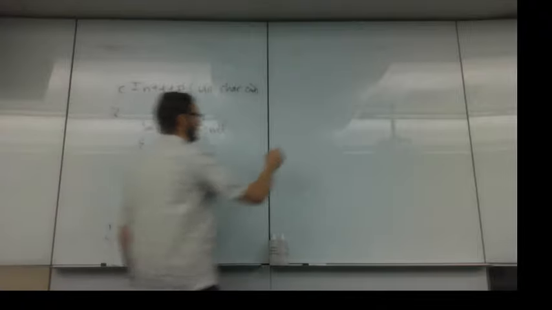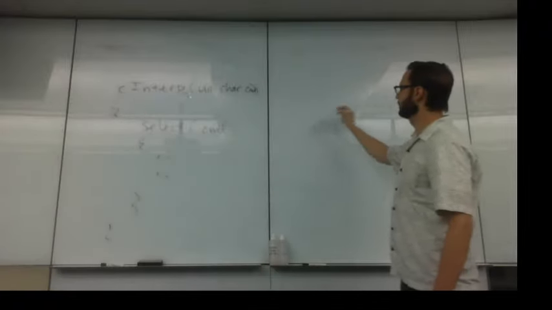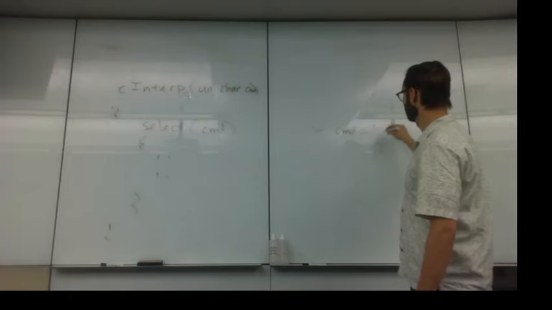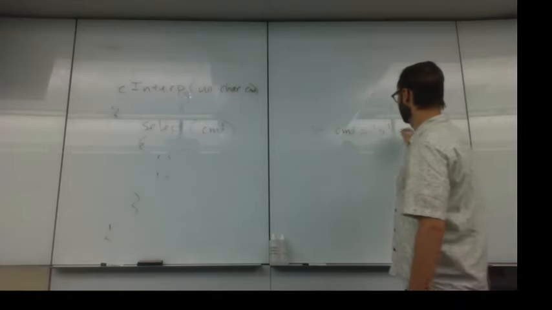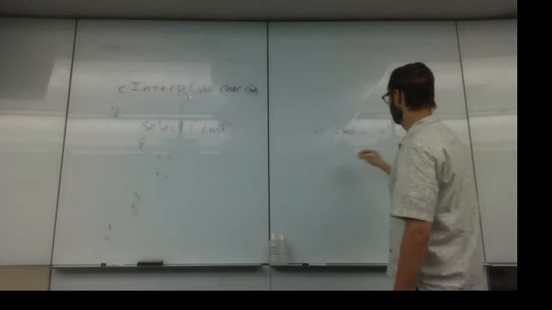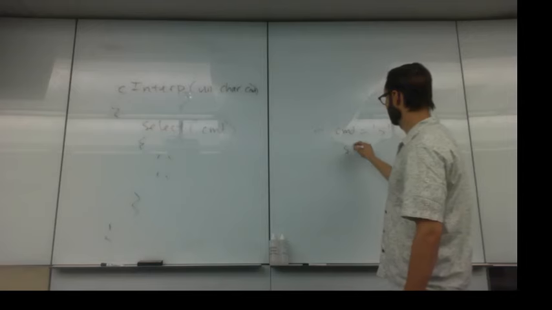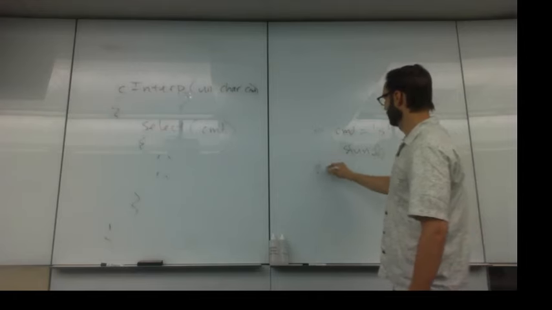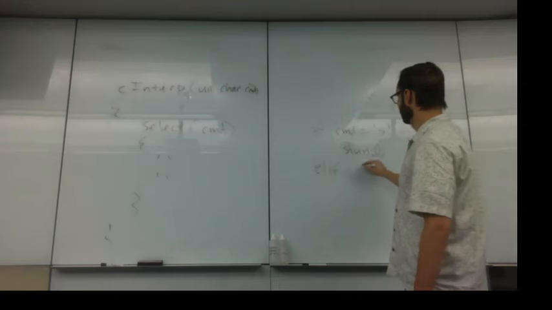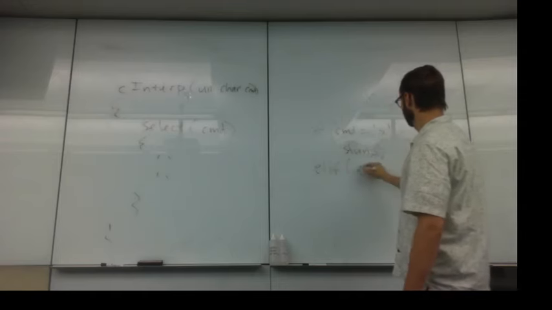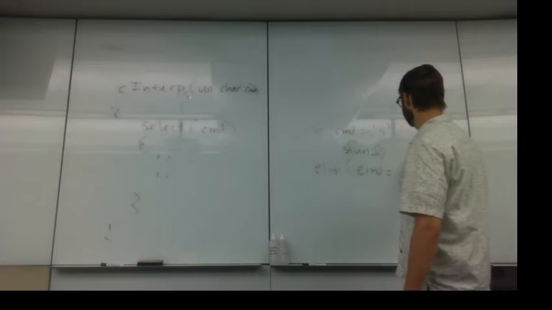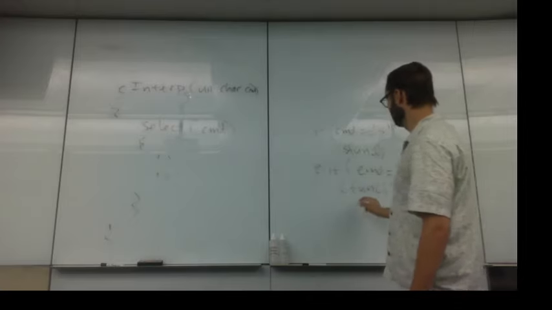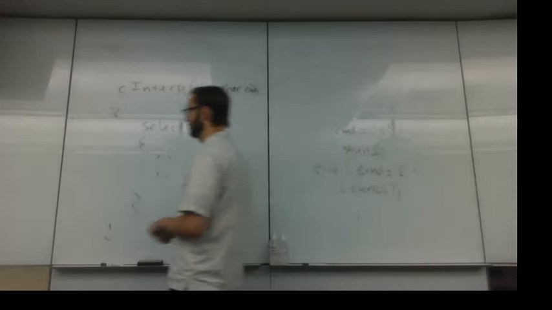Another way to do it would be if CMD equals some character, let's say S, then we do the S func, else if CMD equals C, then we do C func, dot dot dot, and you can implement however many you want.